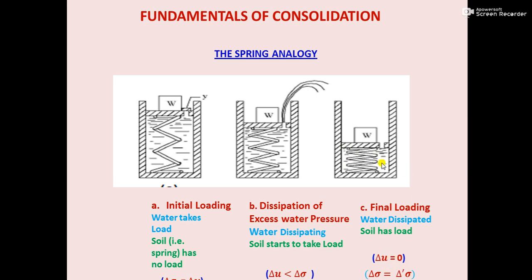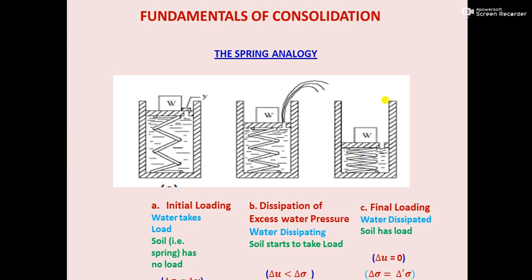Some delta U will be remaining, and some amount of stress will be taken up by the pore water, which is not able to go away from the soil mass because of its low permeability.